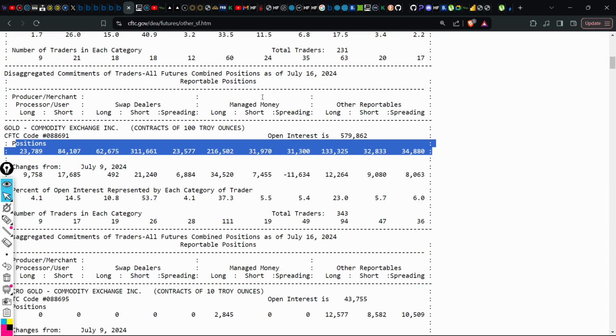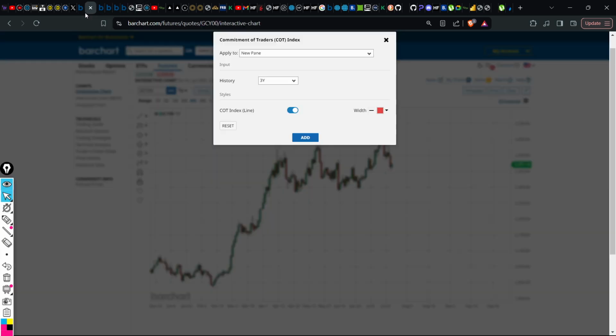Under gold, swap dealers are contained in the commercials. Their positions are recorded. Most of them are recorded there under the commercials category. Some are recorded under non-commercials, but most of these positions are under the commercials category. So that's why the CoT index of the commercials becomes important to look at.